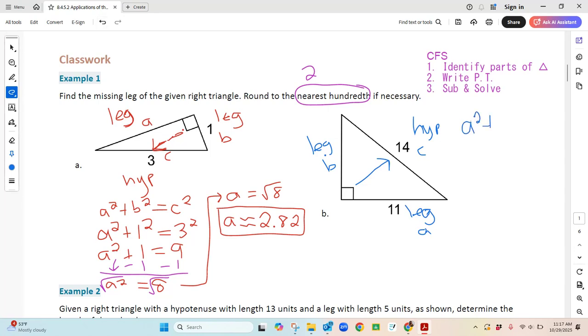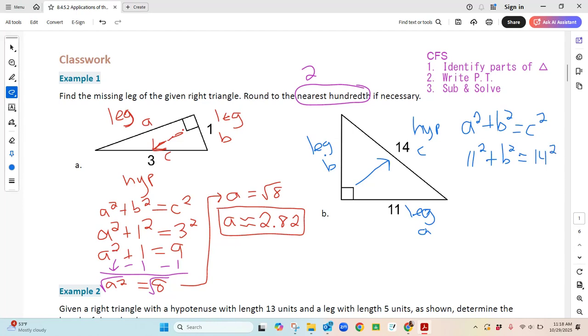A squared plus B squared equals C squared. And then we're going to substitute and solve. A is 11. We don't know B. And C is 14.